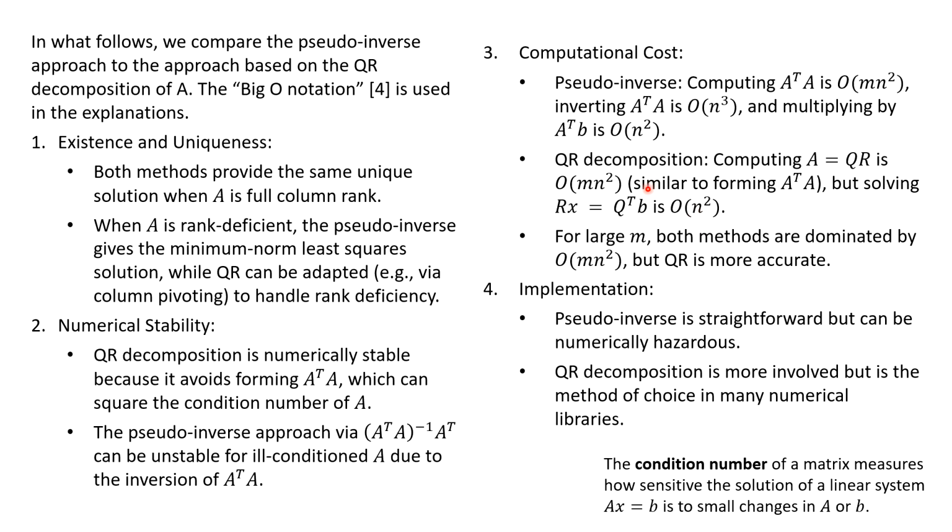So these two are about the same, and then you have this little bit additional for the A transpose A. So this makes the pseudo-inverse more computationally intensive. For large m, both methods are dominated by this term here, but QR is more accurate.